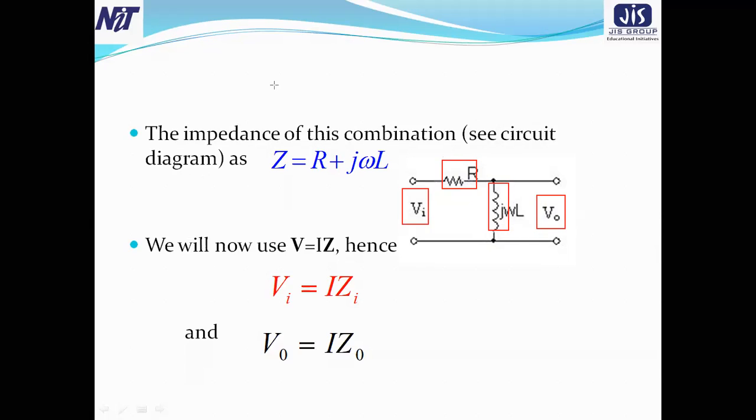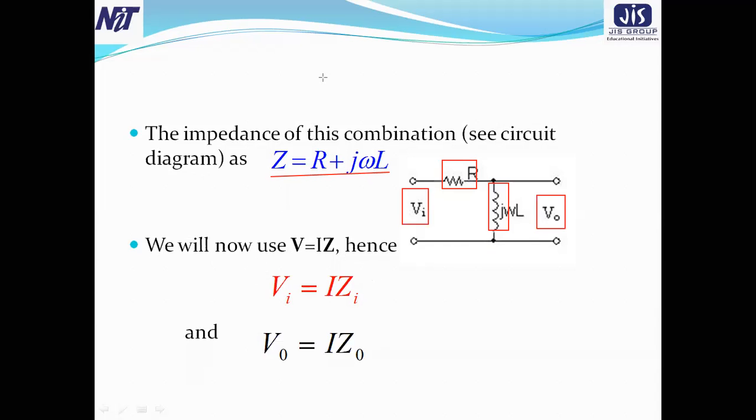The impedance of this combination is Z equals R plus j omega L, because only the inductor is connected. So we will now use V equals IZ.